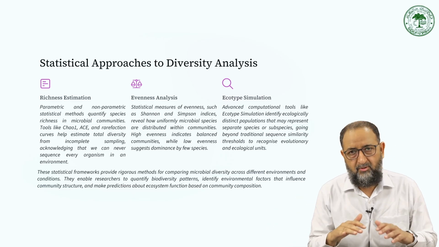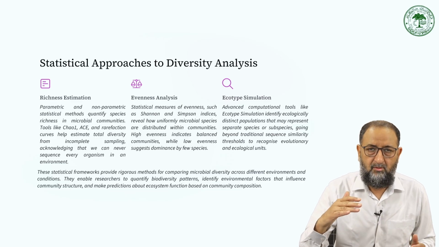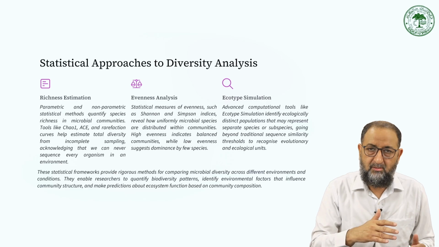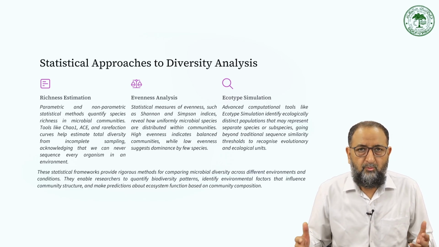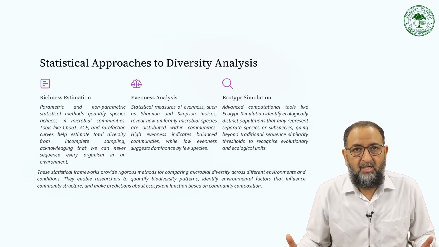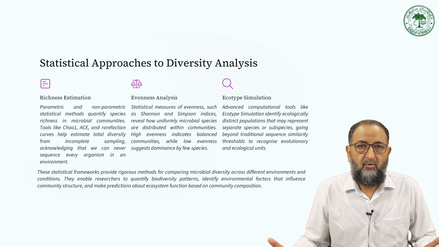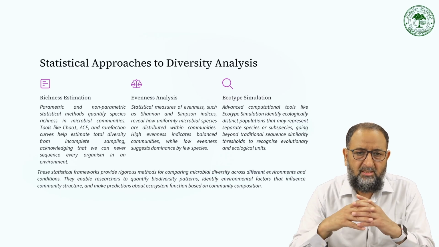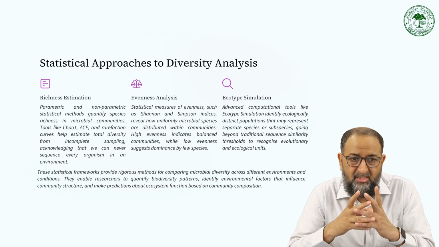And until you place them into hierarchical orders, like domain, kingdom, order, class, family, genus, species, and so on, it would be very difficult for you to pick a specific required microorganism for any cause, whether for a research study or for some benefit, such as food production and fermentations. So there are some statistical approaches defined here to analyze the diversity. Richness estimation.